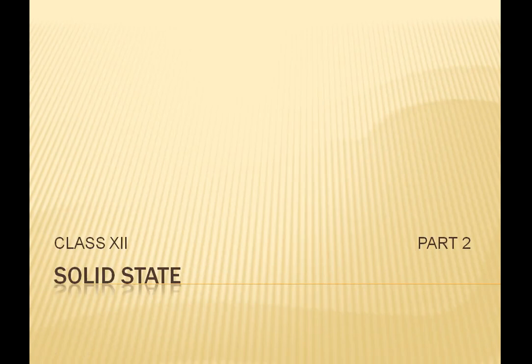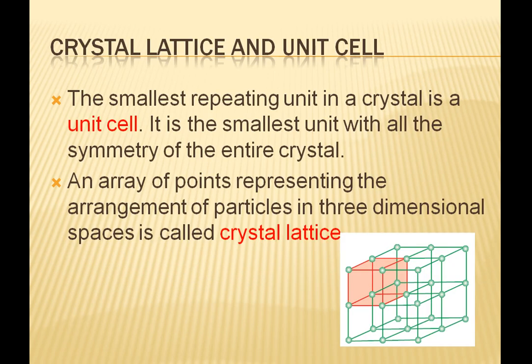Now, this is the second part of the chapter Solid State. Observe this three-dimensional arrangement of particles in a crystal shown in the diagram, where each particle is depicted as a point.